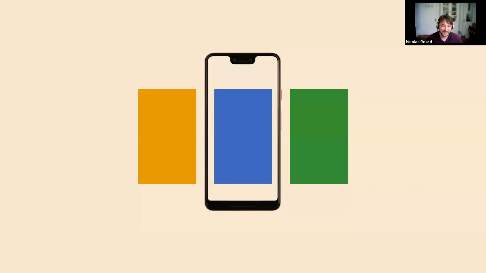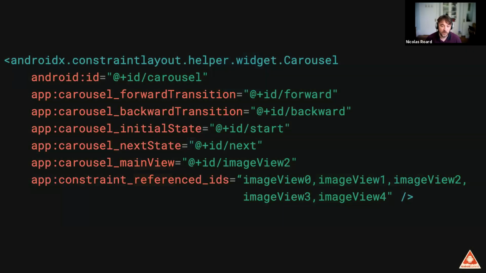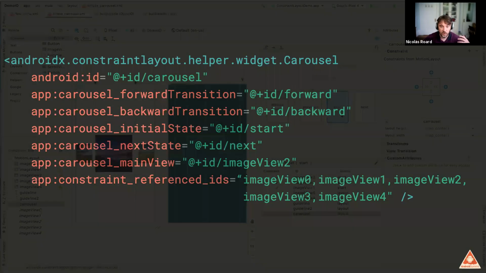And next, we can actually simulate that by using different constraint sets. And this basic mechanism I just showed is in fact what recycler view does. So we're not exactly reinventing the wheel here, but the big advantage is that by doing it with views you specify, you have access to all the possibilities of MotionLayout in terms of transformation.